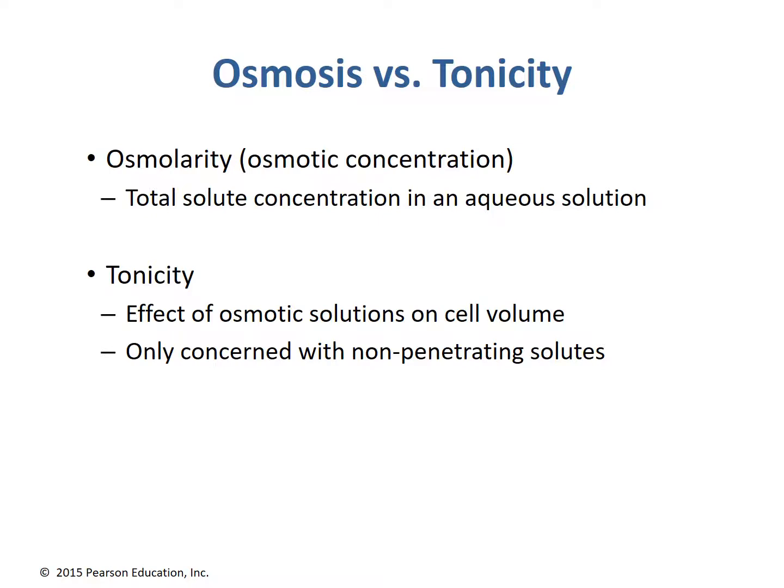If it is in the middle, as far as being balanced when compared to another solution, this is isoosmotic. Not to be confused with tonicity, tonicity itself is the effect of the osmotic solutions on the cell volume. So we're only concerned with non-penetrating solutes in this case. Making sure that we can separate the differences between the two, osmolarity looks at one solution compared to the other, whereas tonicity is about the effect that the solution has on the other.